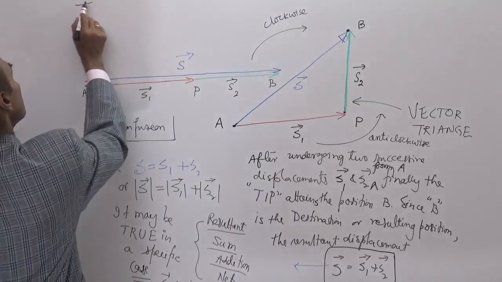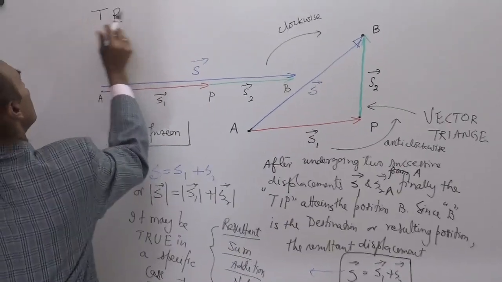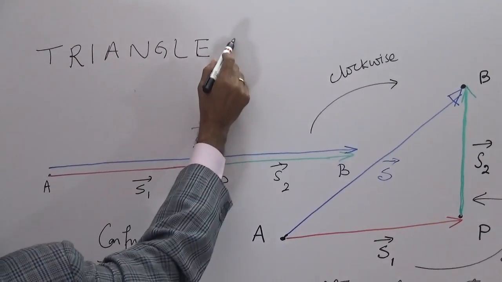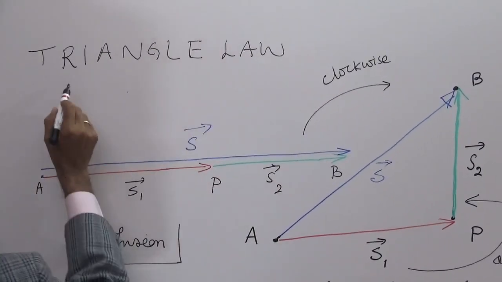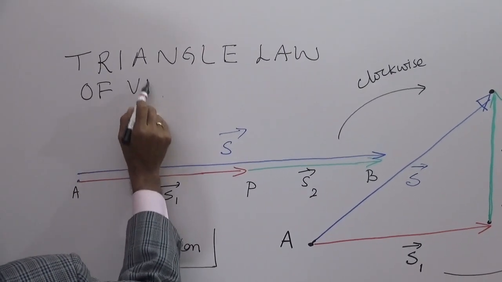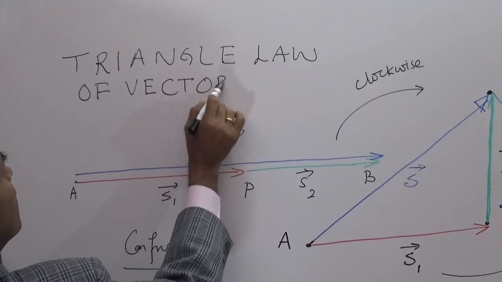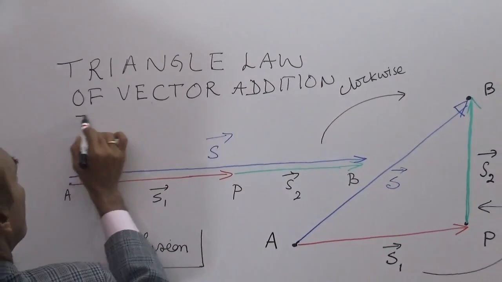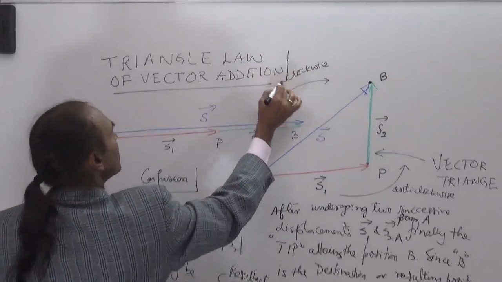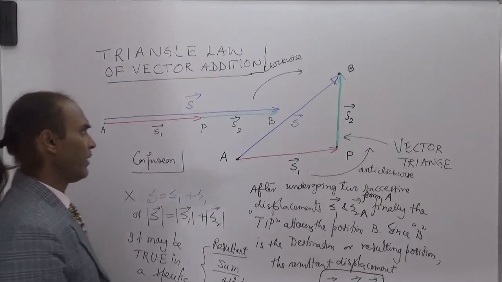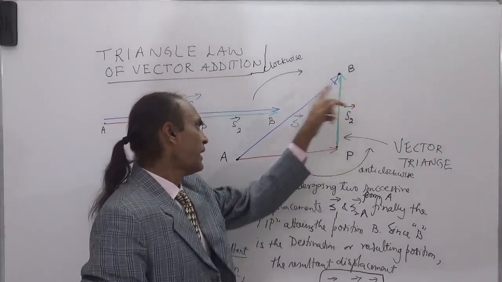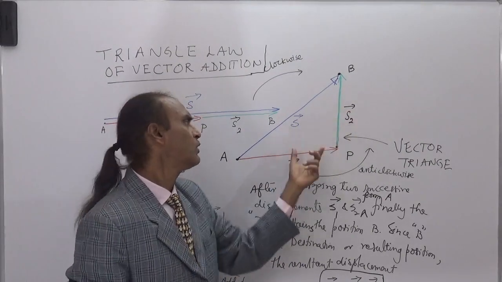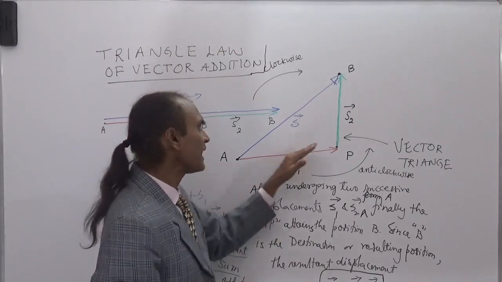So this is the triangle law of vector addition, which states that if any triangle you are taking, you choose any two sides of a triangle taken in one sense.